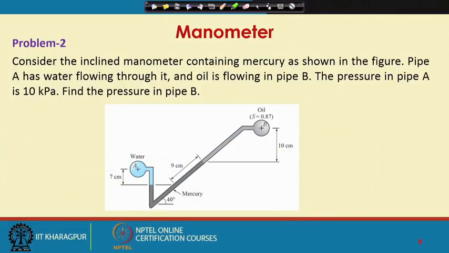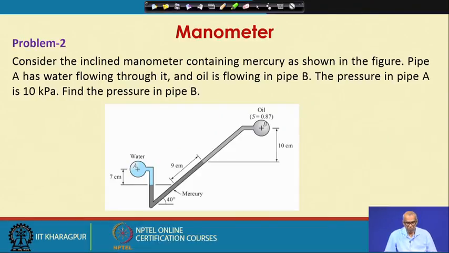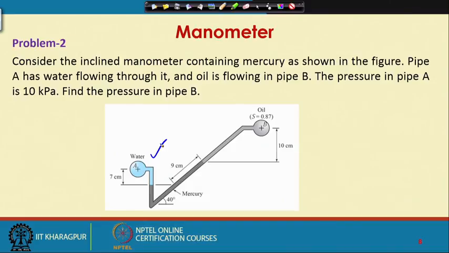Let us take another example on manometer. Consider the inclined manometer containing mercury as shown in the figure. Pipe A has water flowing through it and oil is flowing in pipe B. The pressure in pipe A is 10 kilopascals.